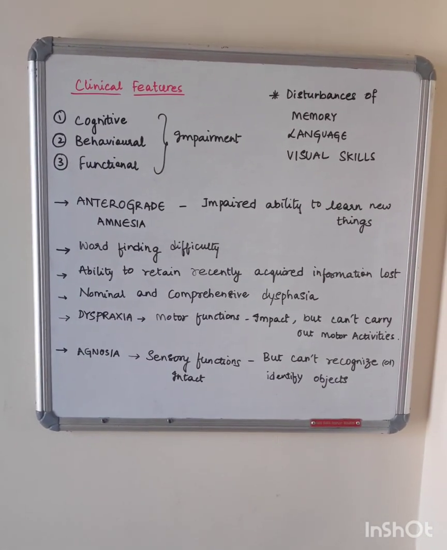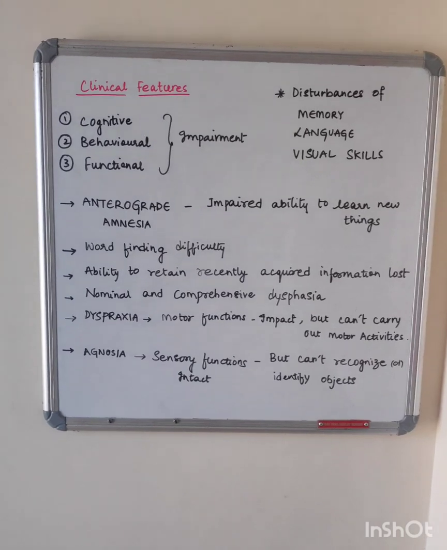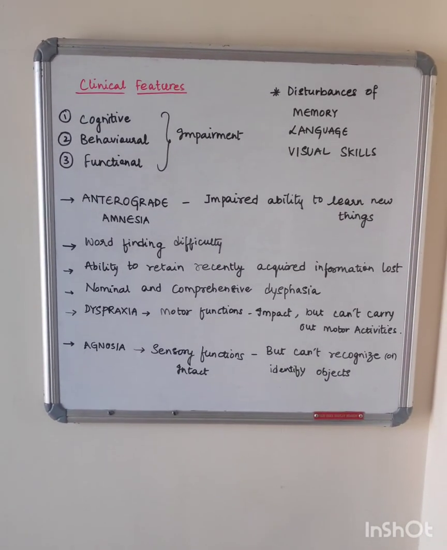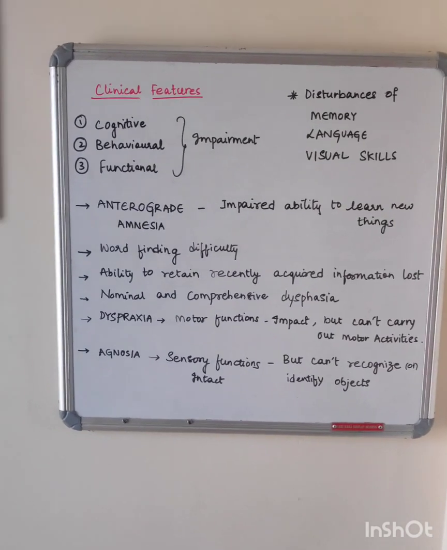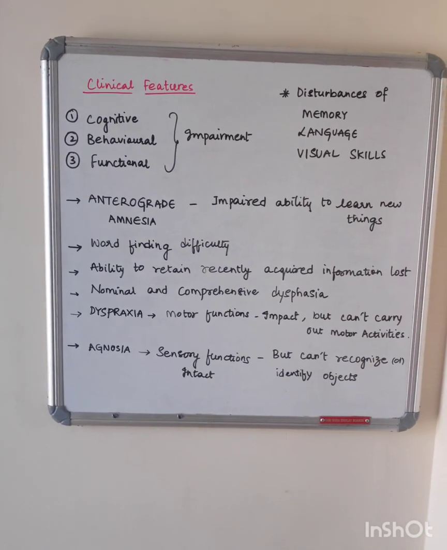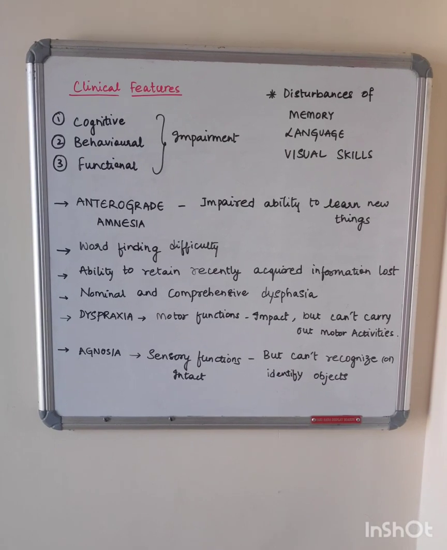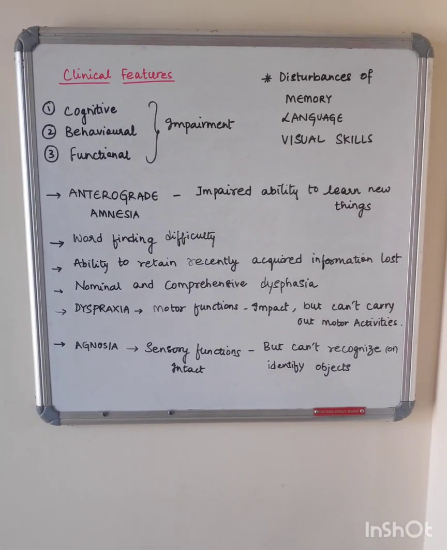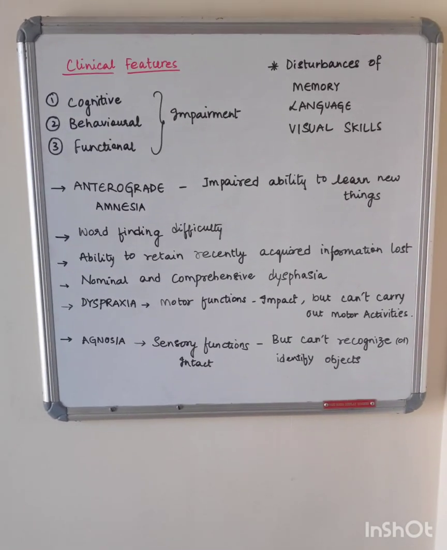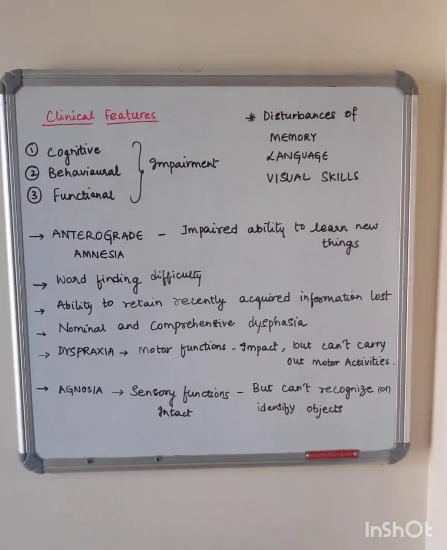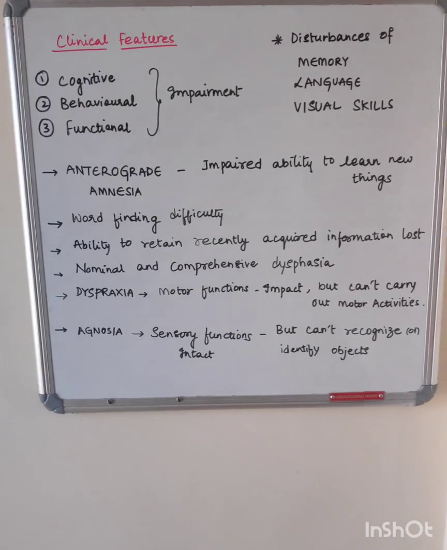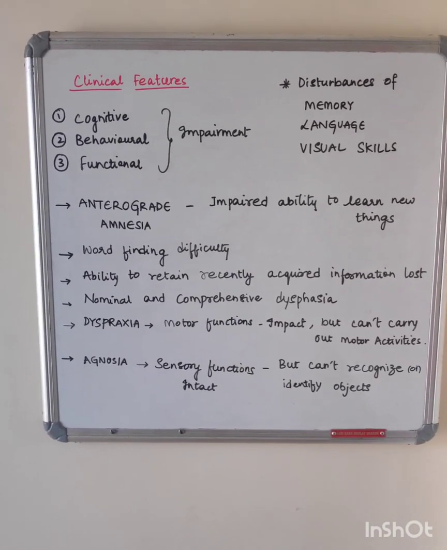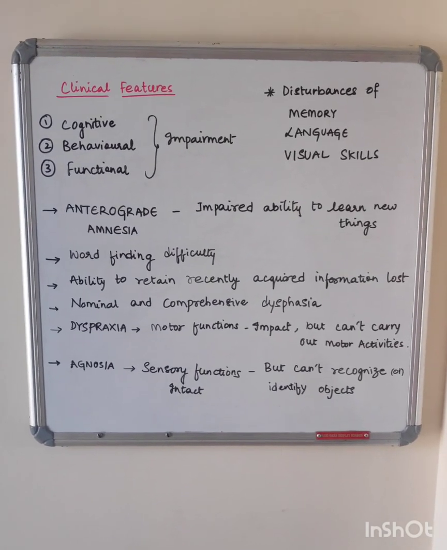And we can also see nominal and comprehensive dysphasia. Comprehensive dysphasia means these persons cannot understand what the people are saying. And they also cannot identify or say the names. That is nominal dysphasia. And we can also see dyspraxia and agnosia, the other two most important features of Alzheimer's disease.